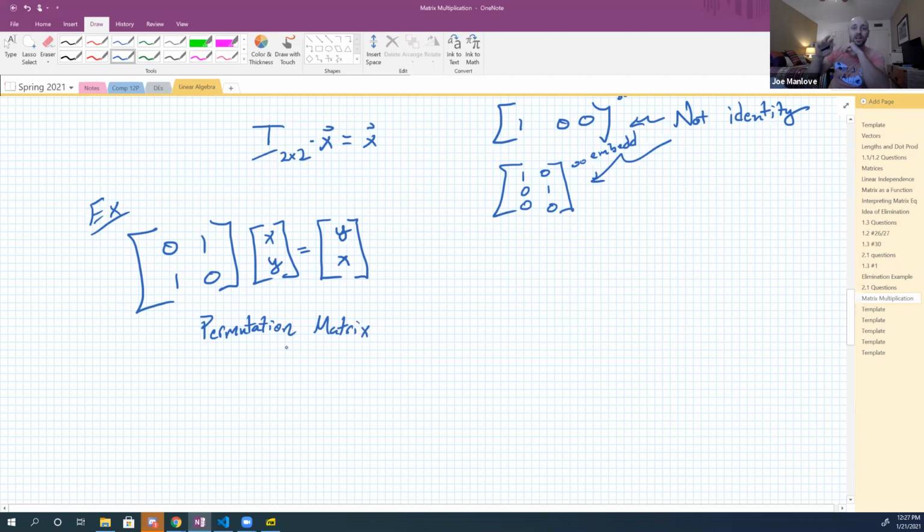It swaps the order of the rows around. And it should be noted that it swaps the row orders when it's multiplied from the left.